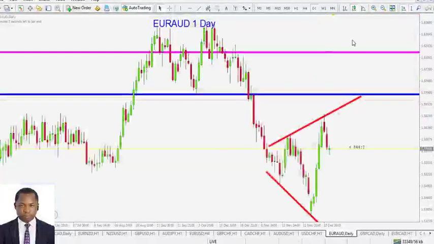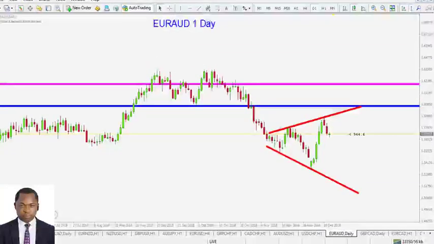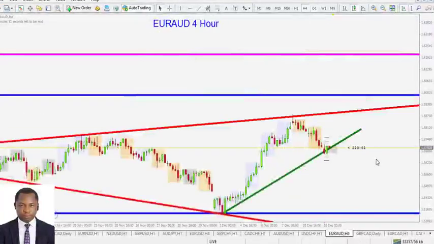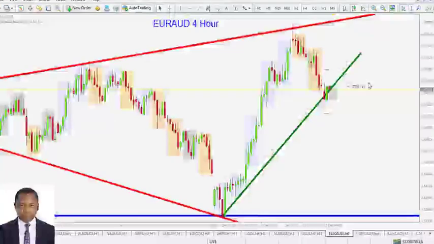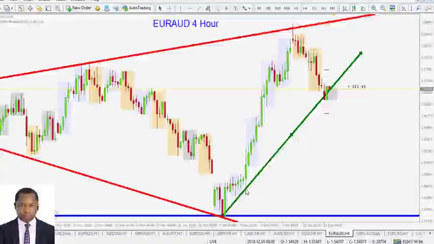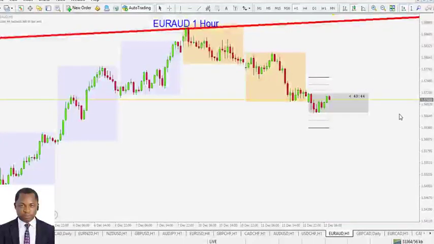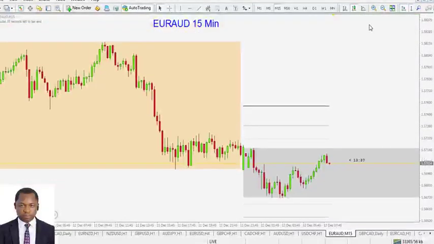The euro against the Australian dollar, another type of price confusion, market confusion. We can also mark our side historical range.